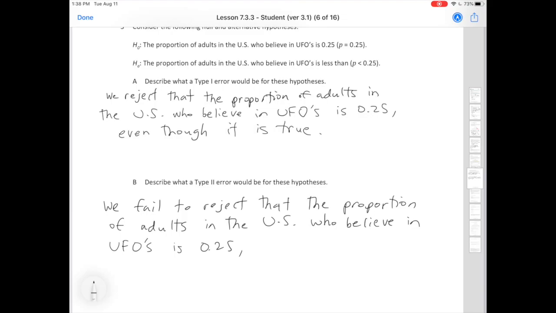So if we fail to reject it, that means that we should have rejected it, so even though it is false. Okay, so again, we reject the null even though it's true. That's called type 1. For type 2, we fail to reject the null even though it is false.